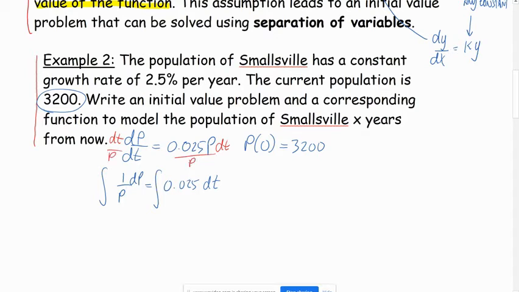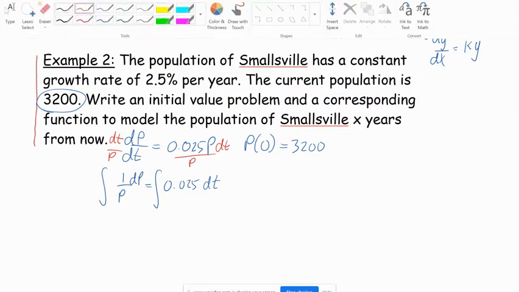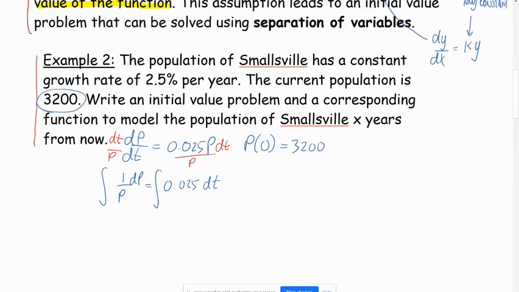All right, and so now solving that, we have natural log of the absolute value of p is equal to 0.025 t plus some constant. If we plug in 0 and 3,200, we have the natural log of 3,200 equals c.